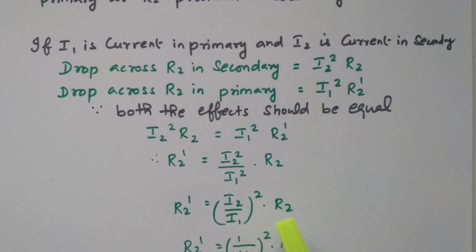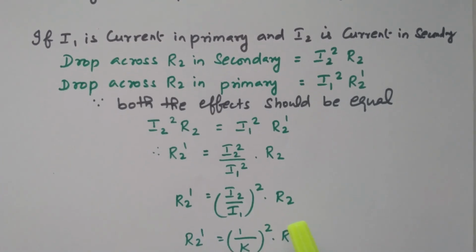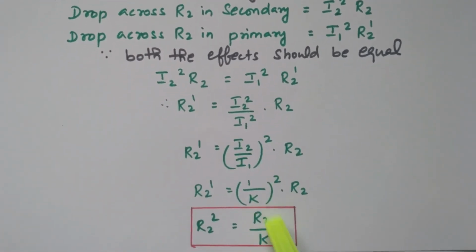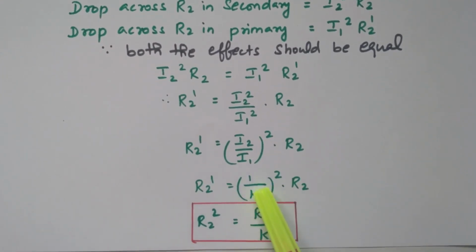We know that I1 by I2 is K, the transformation ratio. Here I2 by I1 is available, so that is 1 by K. Based on the transformation ratio, I1 by I2 is K, so I2 by I1 whole square is 1 by K square. So R2 dash equals R2 divided by K square.